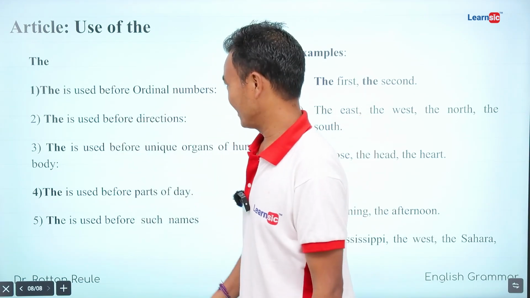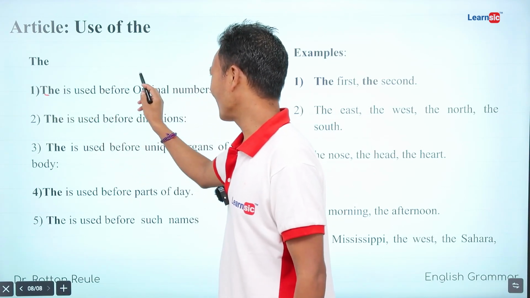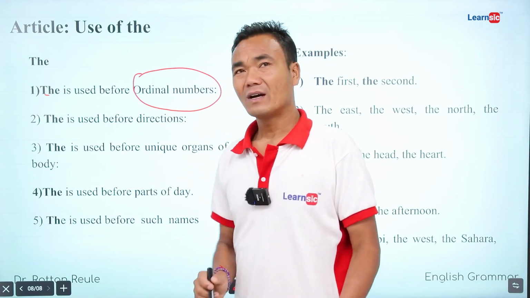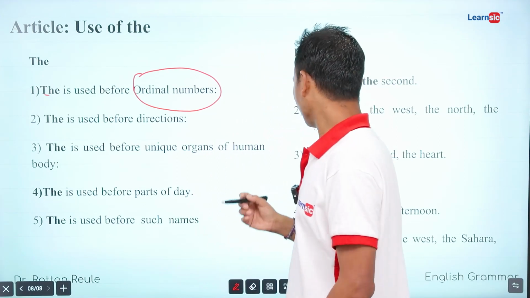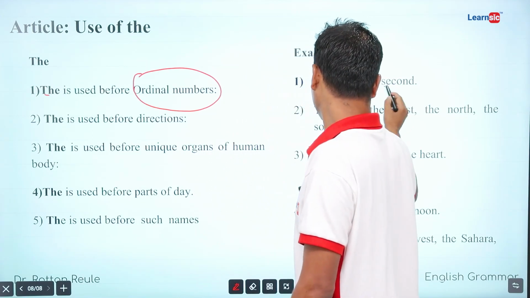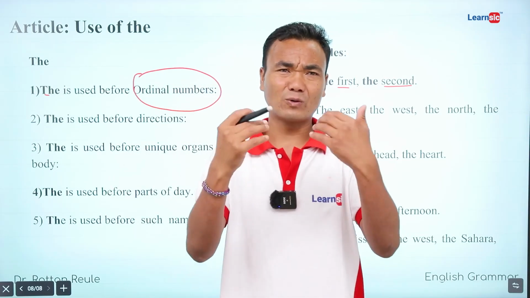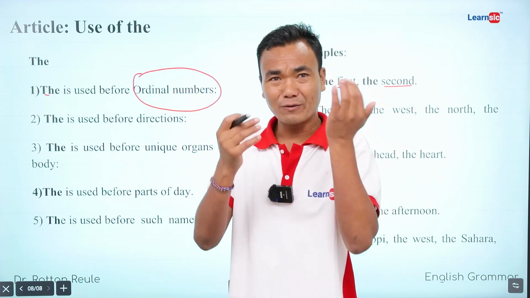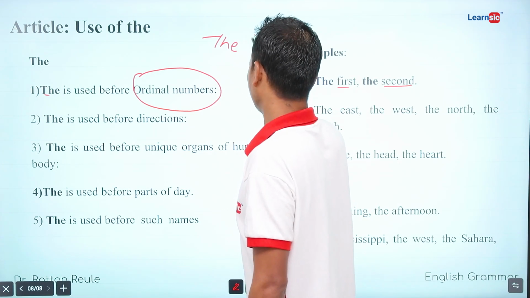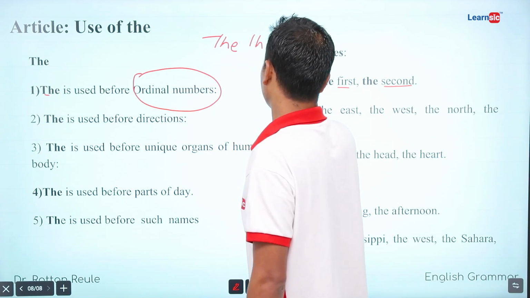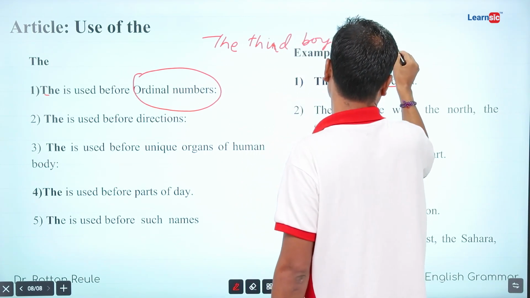Now the first example: the is used before an ordinal number. You must know what an ordinal number is from English grammar. Ordinal numbers are like the first, the second, the third, the fourth, the fifth, the sixth, the seventh, and before these ordinal numbers we use the article. For example, the third boy of this class.